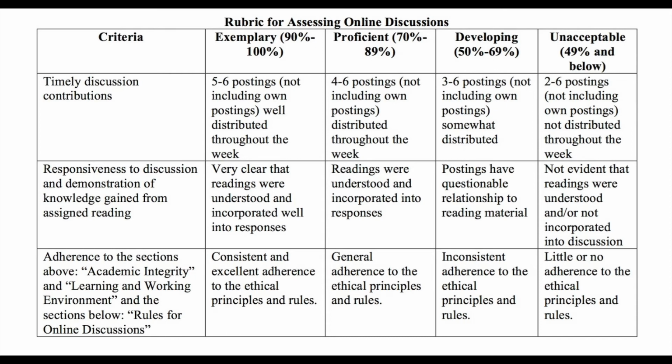Finally, an exemplary shows consistent and excellent adherence to the ethical principles and rules. For more on that, read again the academic integrity paragraph above, as well as learning and working, and finally the sections below outlining rules for online discussions.